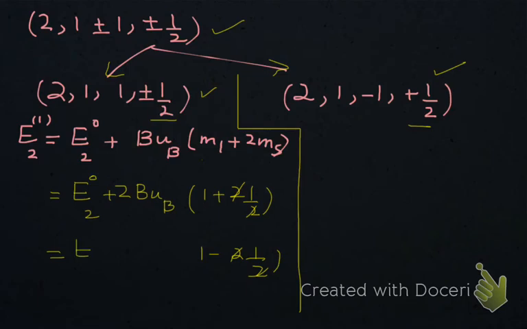Okay, this is for 2, 1, 1, minus half. So now plot these two values.